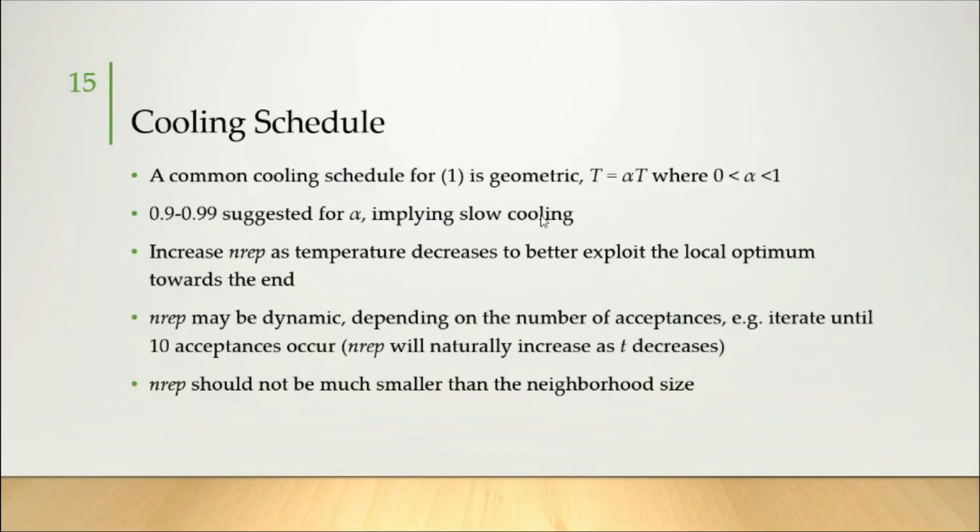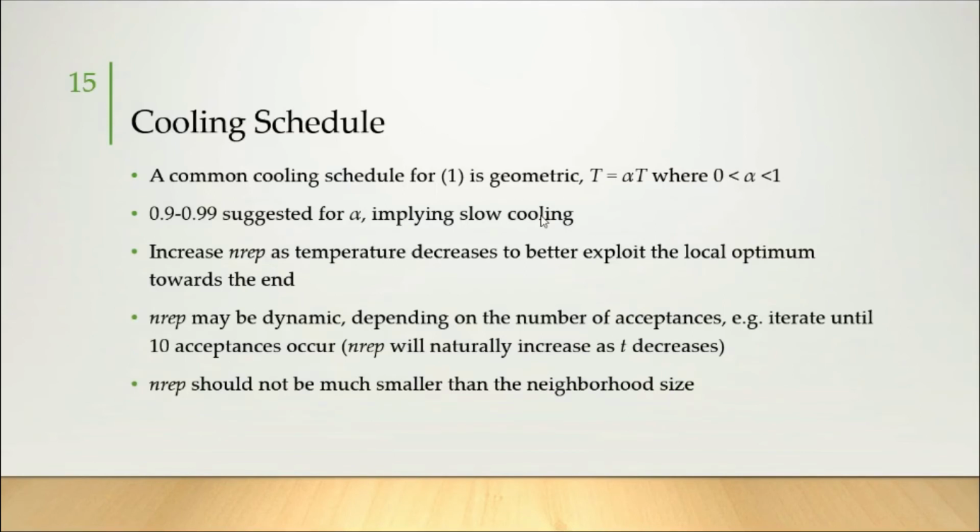That is, at a higher temperature, the number of repetitions, the number of iterations, will be very few. But when the temperature decreases, the number of iterations can be increased. That way, the number of repetitions can be made dynamic also. So n rep, the number of repetitions, may be dynamic depending on the number of acceptances. For example, iterate until 10 acceptances occur, that is, 10 worse solutions are accepted.